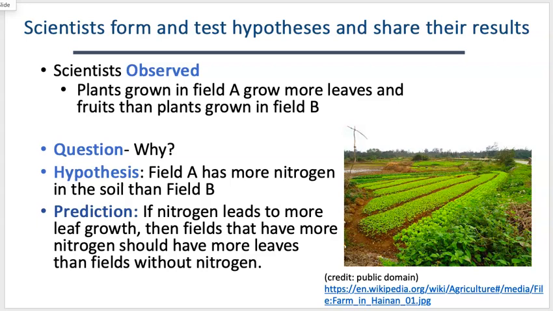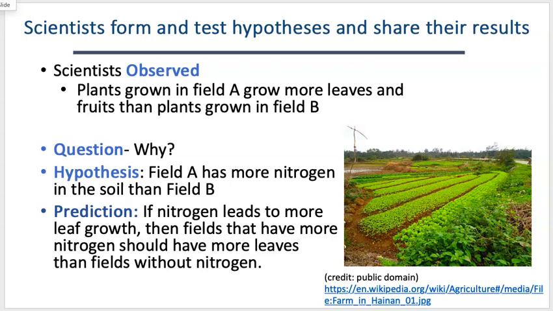a biological observation. So let's say, as a scientist, you were out and about and you noticed in different fields, fields that were maybe right next to each other, that the plants were significantly different from one another. Plants in field A, let's say, appeared to be more healthy.